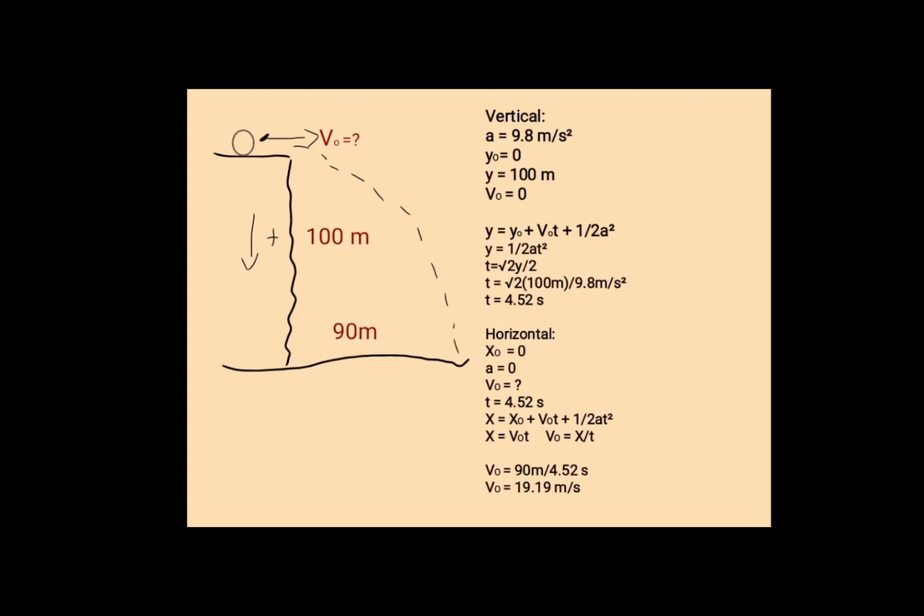The equation we are going to use is y equals y initial plus initial velocity times time plus 1/2 times acceleration times time squared. But the values of y initial and initial velocity are 0, so we cancel the two. The final equation is 1/2 times acceleration times time squared.